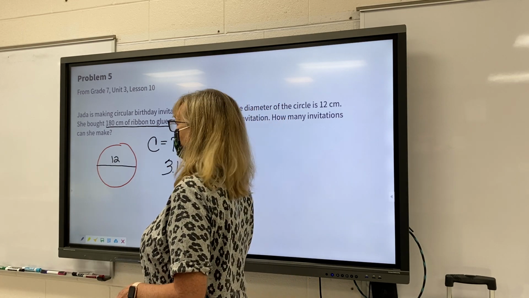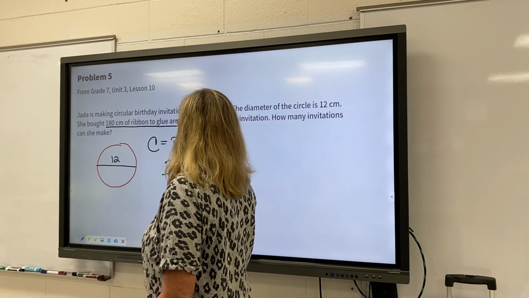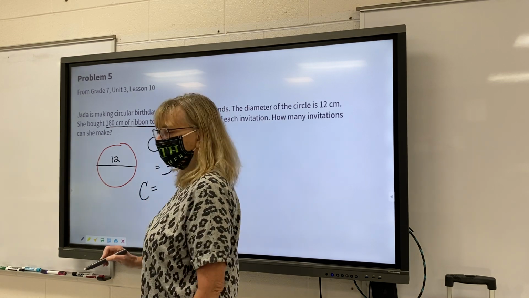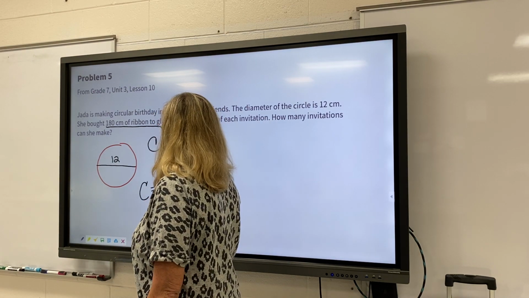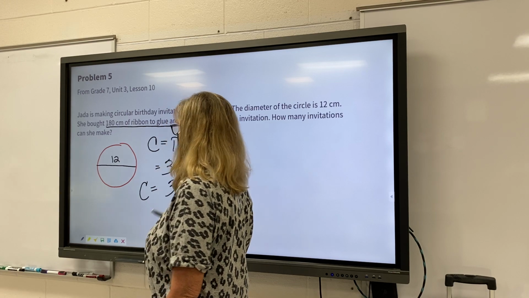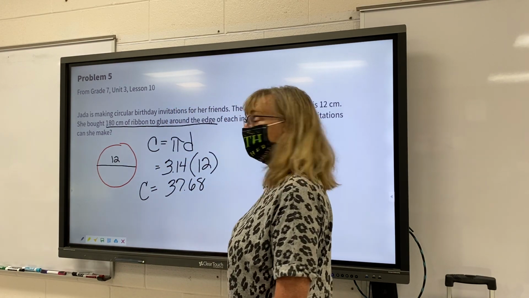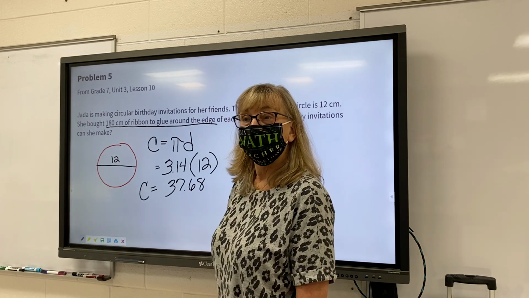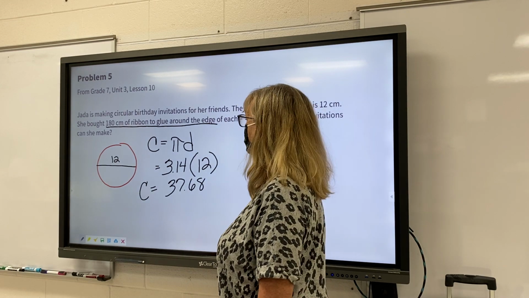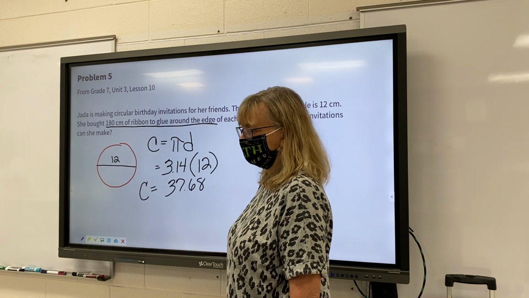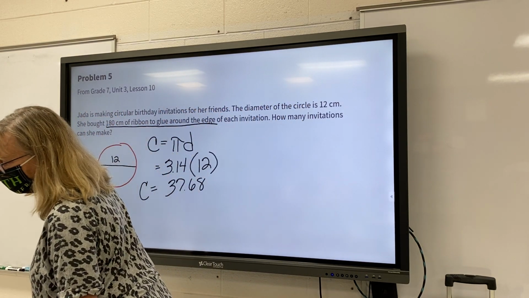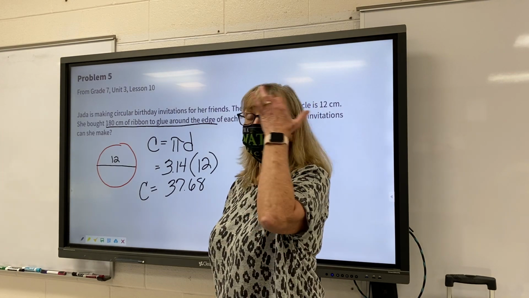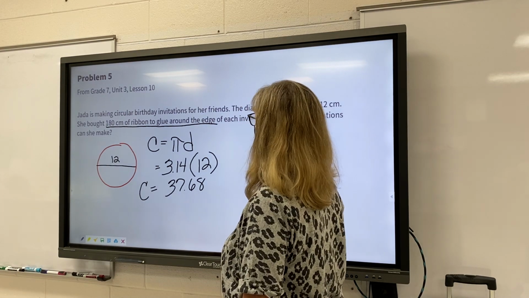And what was the diameter? 12. So take out your handy dandy calculator for me. You get 37.68. I put it in real time, 3.14 times 12. I got 37.68. All right, and then somebody said divide. What am I going to divide?